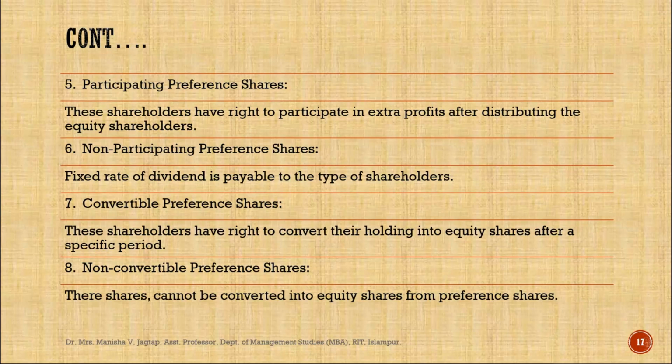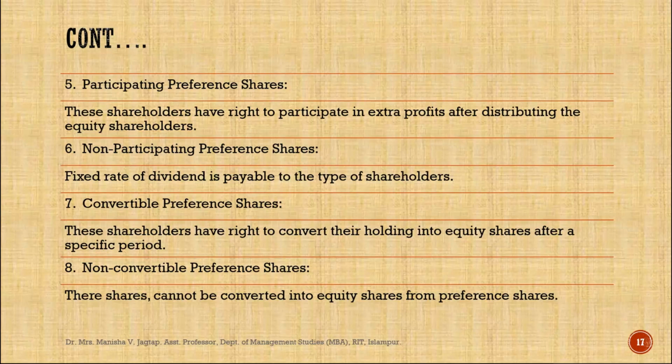Non-participating preference shareholders do not have any right to participate in extra profit after distribution to equity shareholders. Only a fixed rate of dividend is payable to these types of shareholders.